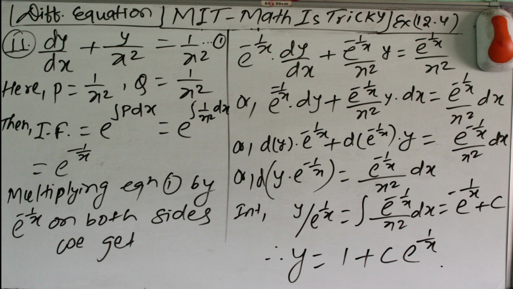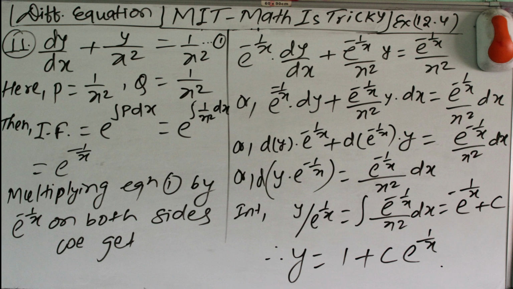Now integrating both sides, we'll get y · e^(-1/x) equals the integration of e^(-1/x)/x² dx, because the derivative of the power of the exponential function, that means the derivative of −1/x, is 1/x². So if you differentiate e^(-1/x), you will get 1/x² in product with e^(-1/x).